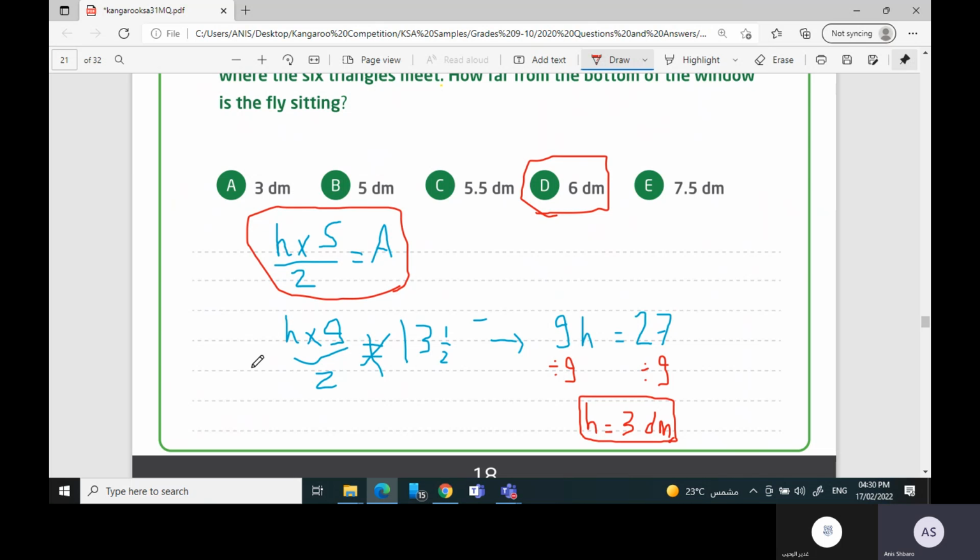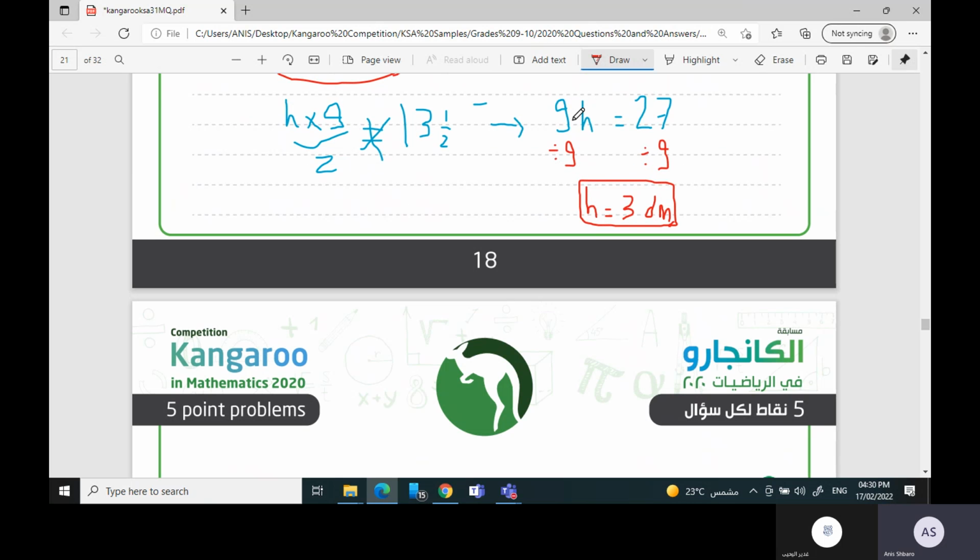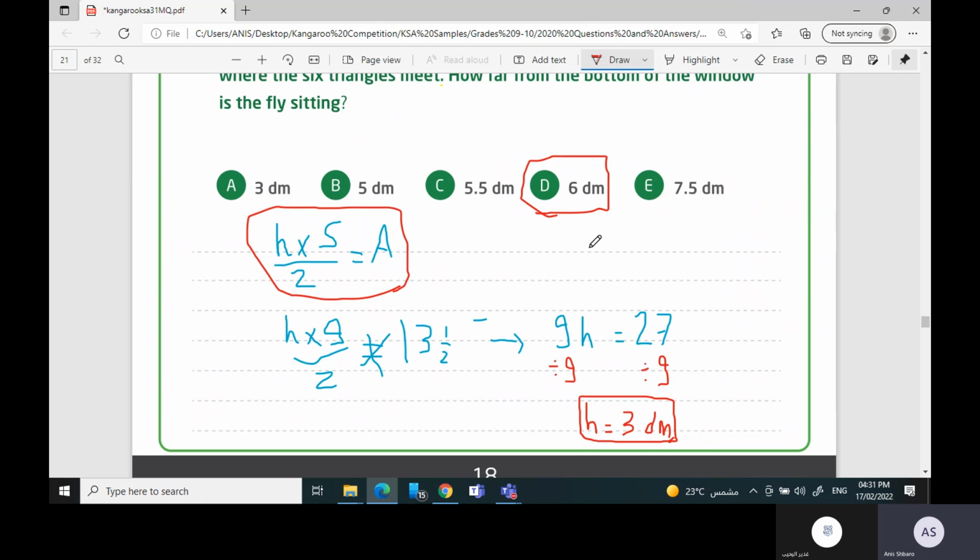And of course, we can multiply both sides, or use the cross product, to find H times 9, which is 9H, equals 13.5 multiplied by 2, which is 27. And then I need to solve it so h is alone. I must divide by 9 on both sides to get h equals 3 decimeter.